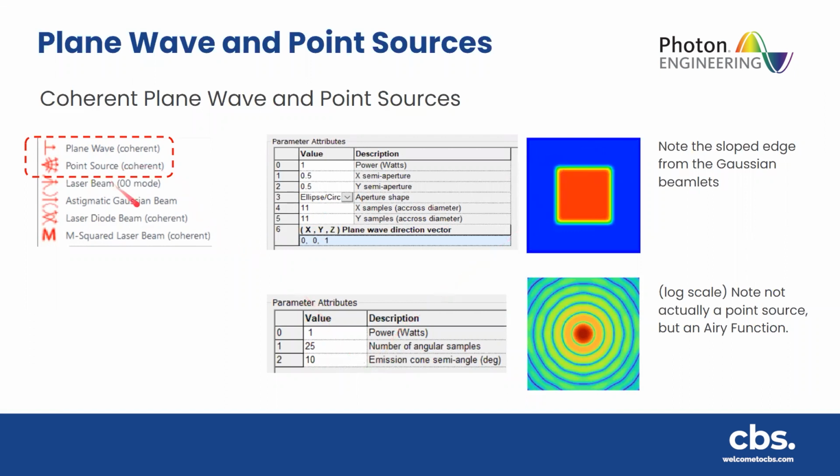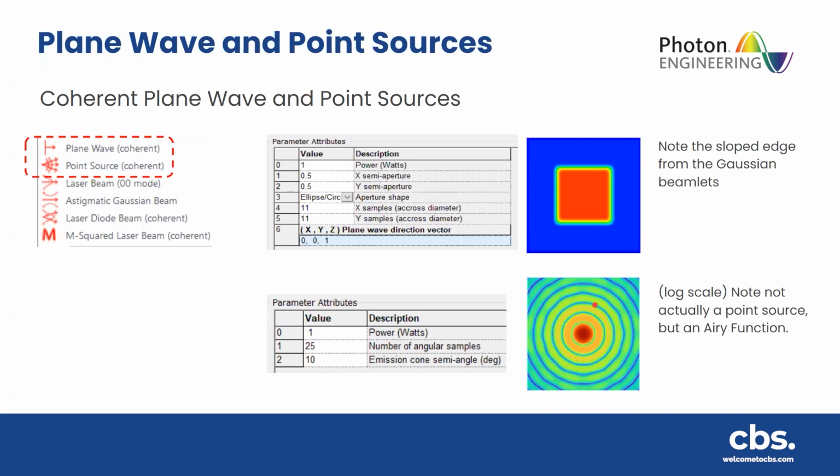For the point source, essentially the number of angular samples and the semi-aperture determine the grid of rays that's being used. But a key point to understand is that I plotted this on the log scale, and I'm quite zoomed in. I think this is a 10 microns by 10 microns window.